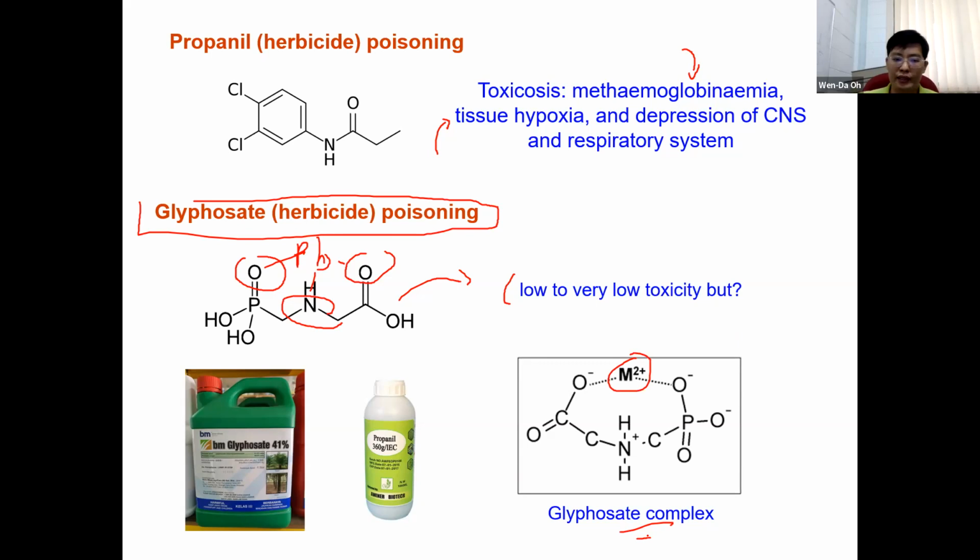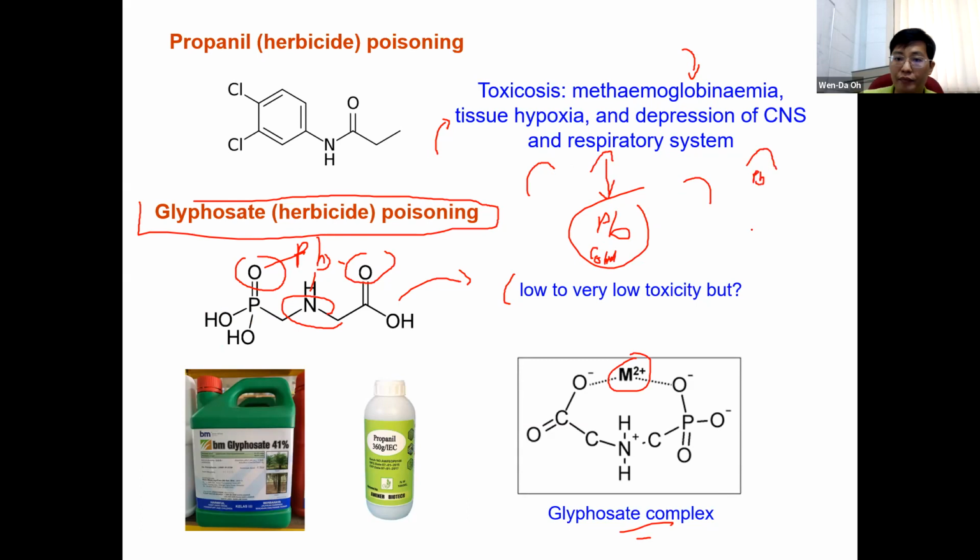And the other thing that is problematic for this kind of chemical is that ligands can actually increase the solubility of heavy metals, which means that if you have lead in a solid form, right, let's say this is a solid form, and you have the presence of glyphosate surrounding the lead, this glyphosate can actually react with the lead to form a complex, right?